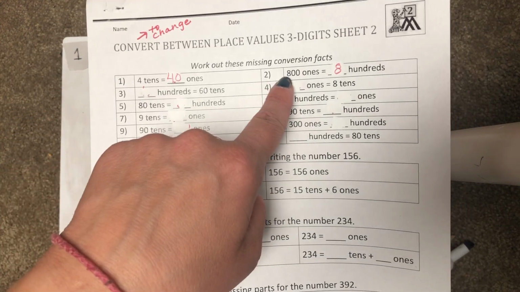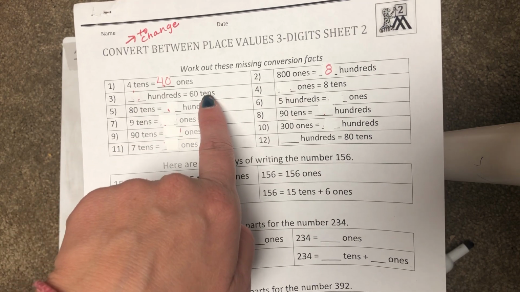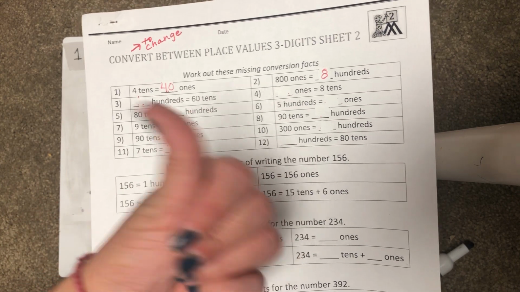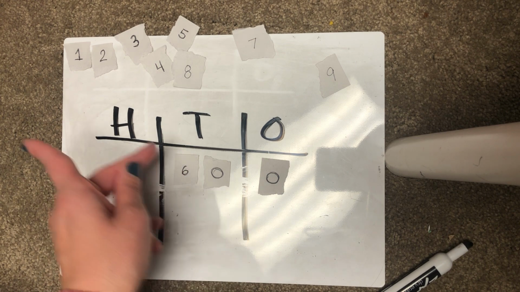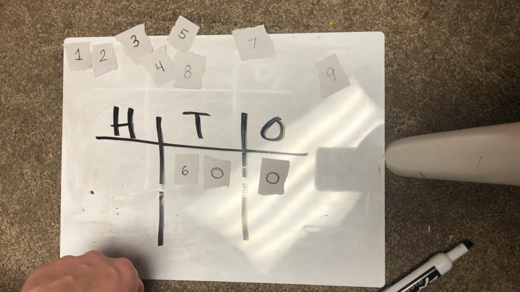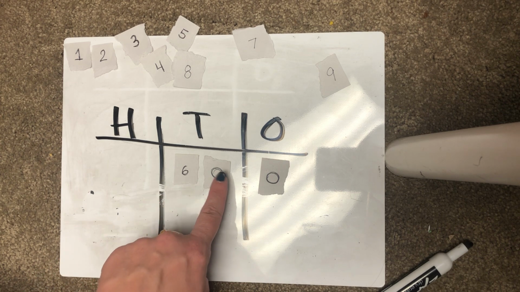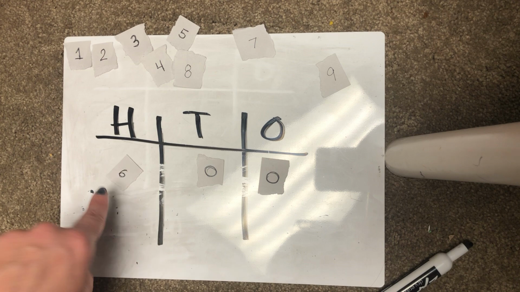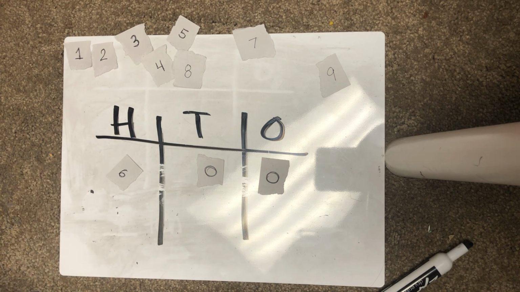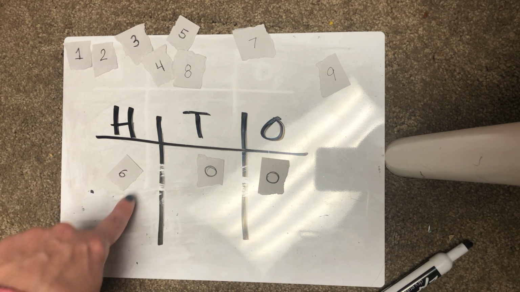Just like we did with number 2, we're going from a smaller place value to a larger one, so we shift our squares towards that larger place value. Leave the 0 and take the 6. So 60 tens is the same as 6 hundreds.